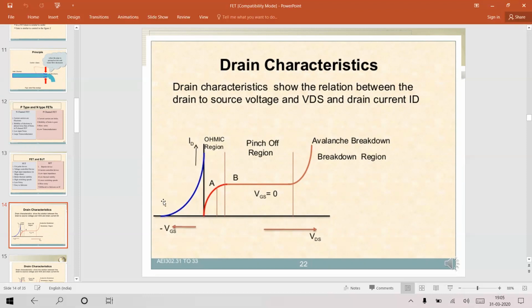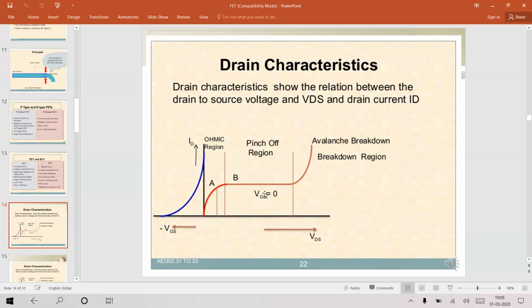This blue line, this graph on this side, is the transfer characteristics curve for FET, and this is the drain characteristics of FET. Drain characteristics start here at the 0 reference and vary. The current ID on the y-axis increases as we increase the drain source voltage at VGS equal to 0.